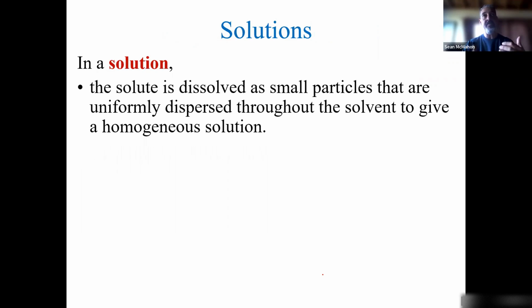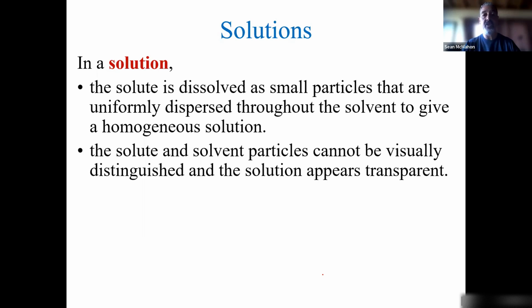When you think of the particles, you can think of tiny things dissolved in water, like ions. So your ions are small. The solute and solvent, you can't visually see them. And when you look through the solution, it is uniform throughout. You can't really see the solute particles or the solvent particles, and they're typically transparent.